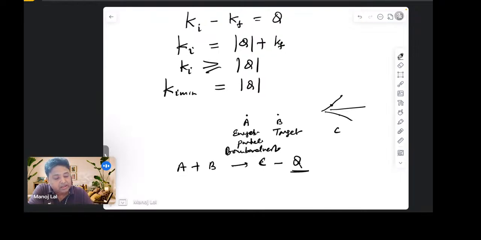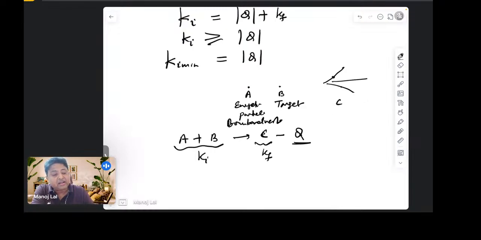Q is K final minus K initial, so this is minus Q. But what is the minimum K initial required for such a fusion reaction to take place? It is mod Q, the Q value of the reaction.